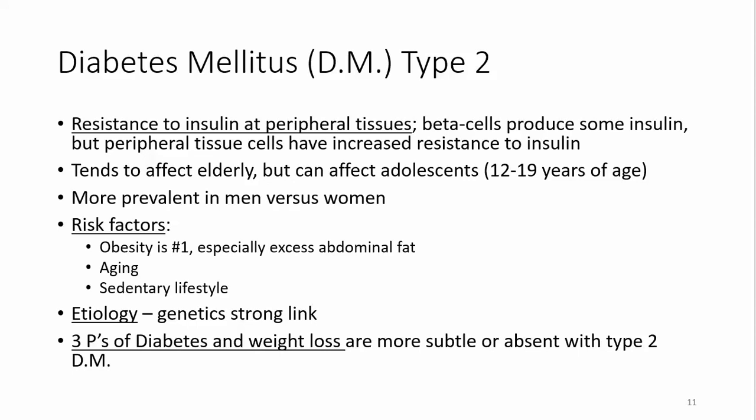The cells don't need any ATP at the moment. Their glycogen stores are full. If it's muscle cells and you haven't been exercising, then what's the muscle cell going to do with that glucose? Its ATP stores are full, its creatine phosphate stores are full, and its glycogen stores are full. It can't use this glucose.